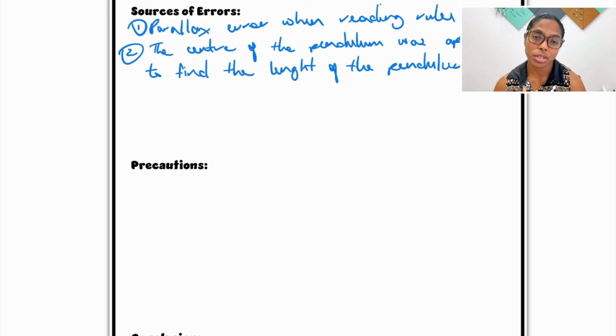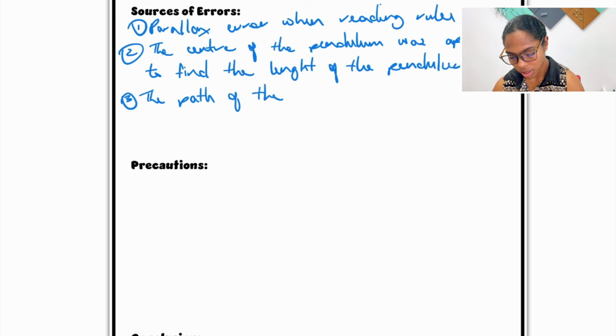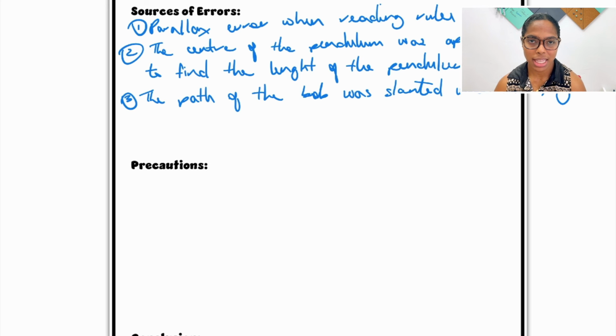I remember for some reason when I was doing it, my string was kind of slanted a particular way. So you could say that is an error. The path of the bob was maybe not to and fro but slanted when swinging, and you could go on to say that this could have thrown off your values a bit.